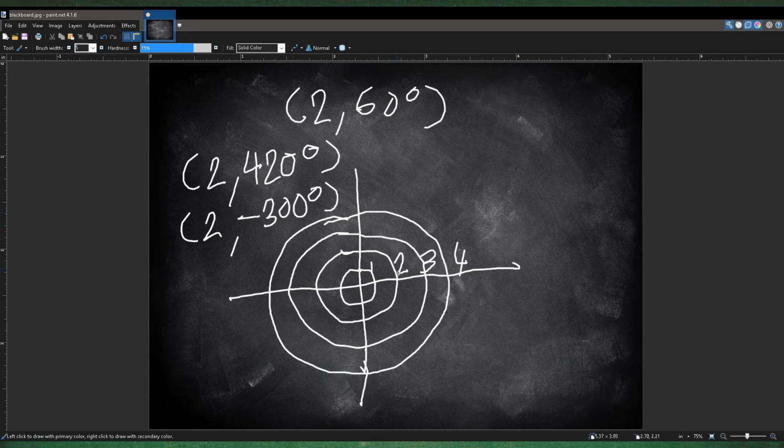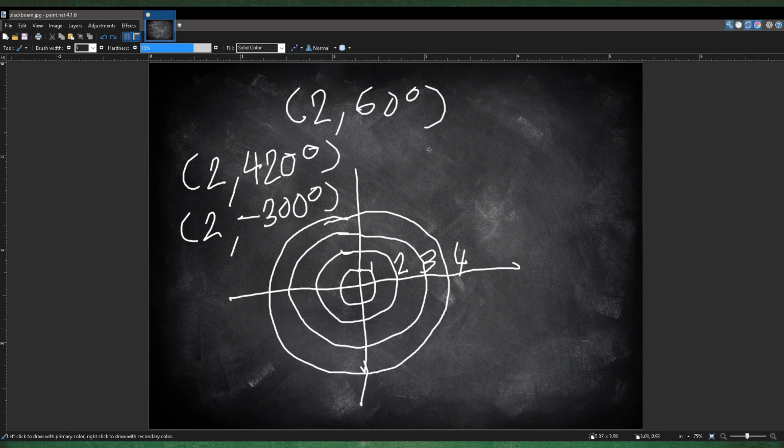Imagine you start at that point, you have 2, and then you go negative 300, which is going around the circle this way: negative 90, negative 180, negative 270, and then one more negative 30. It's the exact same point. Or you have 420 degrees, because a circle is 360 degrees. You start from here and make one complete circle, which is 360 degrees, plus that 60 degrees. So that's one way to write it.